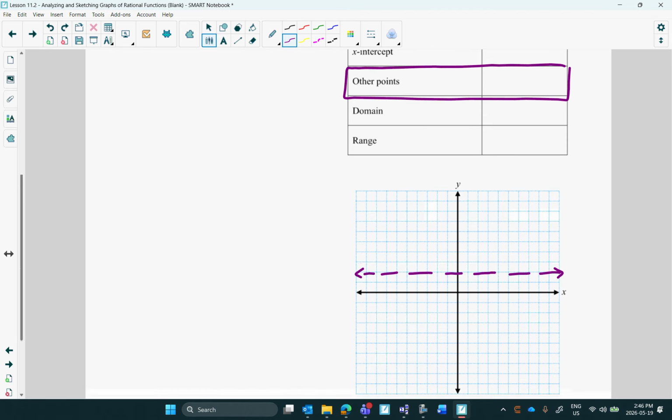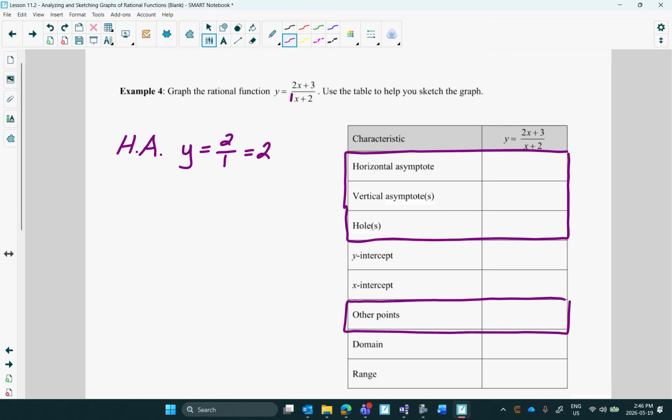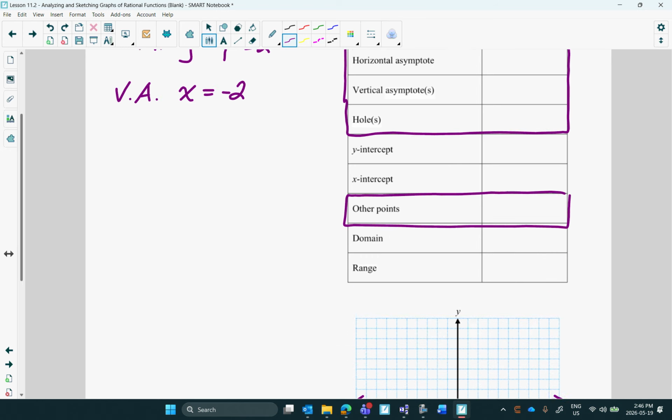Vertical asymptote. Factoring? No. So vertical should be pretty straightforward. Vertical line at -2.